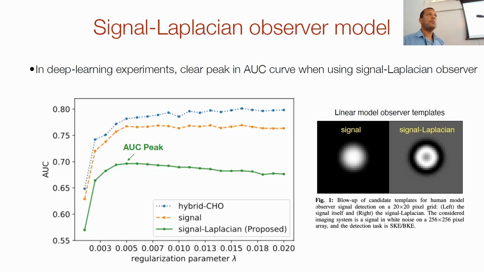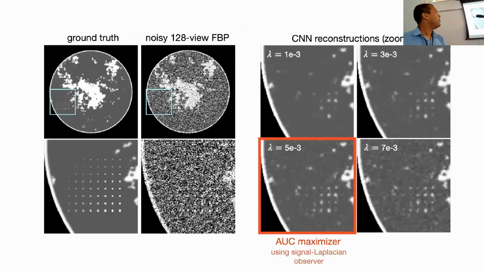Thank you for the interesting talk. When you have this extra term in the loss function, did you observe if the algorithm would introduce structures that you're trying to detect? Oh yes, that's an excellent point. We can look at your question right here. There are definitely some spots in there that don't belong to the contrast detail phantom.